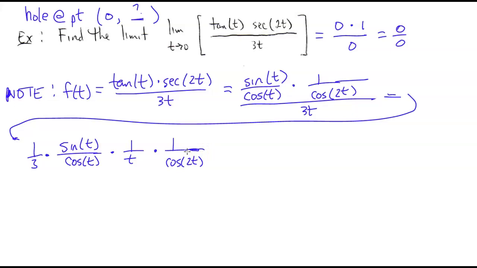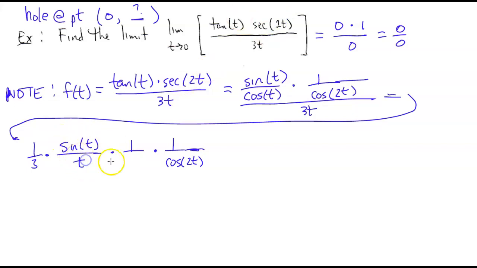Now, what I have here is great, but the issue is that, again, I have 0 in both the numerator and the denominator. So if you notice here, if I switched the place of t and cosine t, then I would have one of these functions be something to where if I took the limit as t approaches 0, I would have an easy way of knowing what that is.